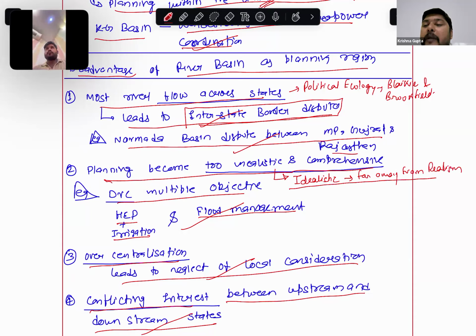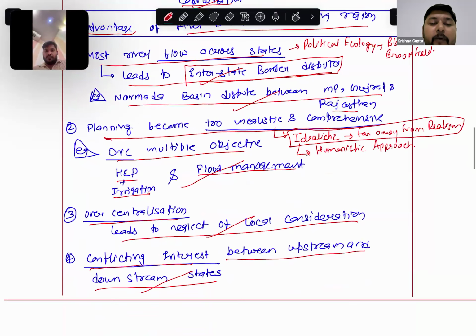Okay, when we are talking about idealism and realism, we are basically talking from the perspective of humanistic approach. Okay, so this can be added up here. Now, when we talk about the over centralization, we are talking about the administrative complexity, that is polycentric governance. Okay, this was provided by Ostrom.